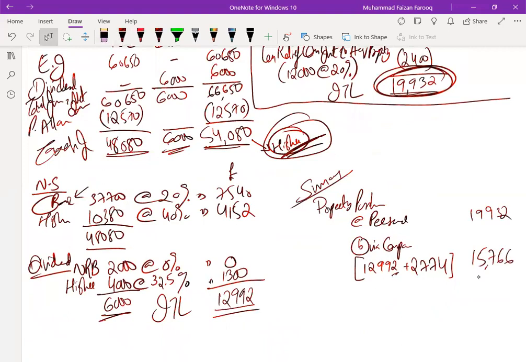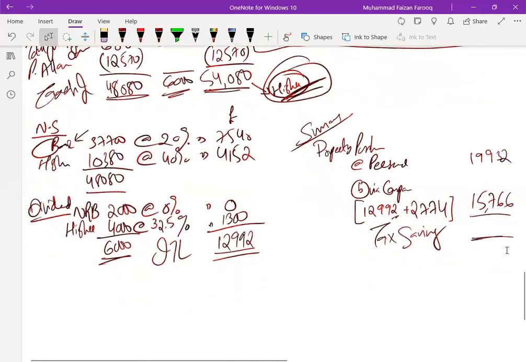So tell me what answer you will write. Why would a company be better? How much? 4,166 you're saving, my additional tax savings. So what sentence do we have to write down?